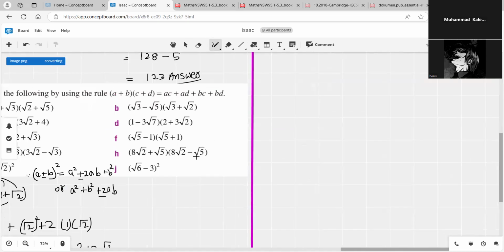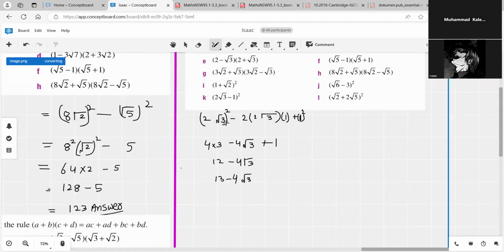Both are the same. Once we take the square of the first term, once the square of the second term, and if there is a minus, then minus 2ab, where ab means the multiplication of the first and second terms. If there is a plus, then plus 2ab. That's all. And then you need to simplify it.